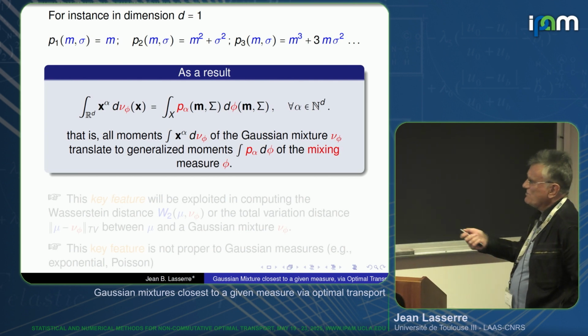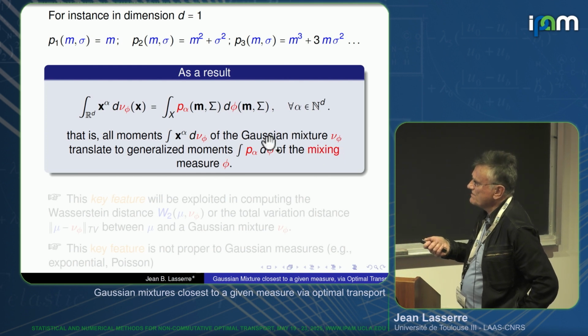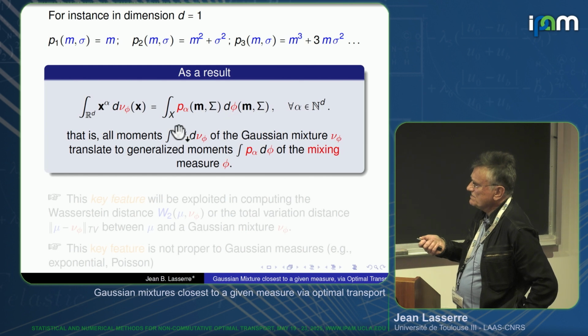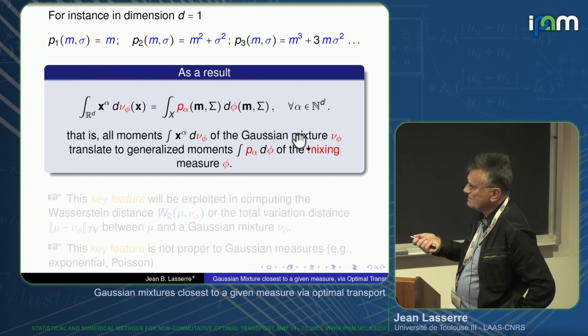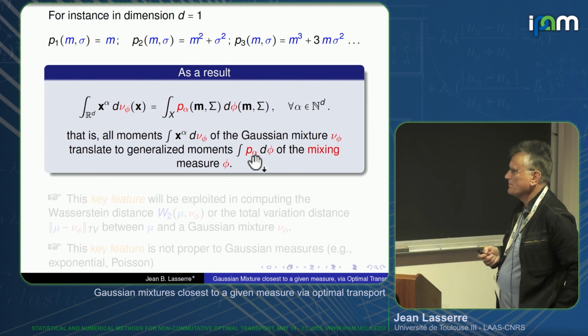Okay? So as a result, and this is really a crucial ingredient in the sequel, when you look at the moment of the Gaussian mixture, it's a generalized moment of the mixing measure. That is, all moments of the Gaussian mixture translate to generalized moments, the integral of p_alpha d phi, of the mixing measure. Okay?